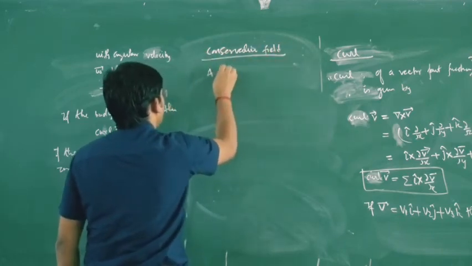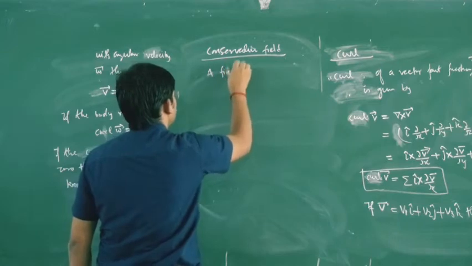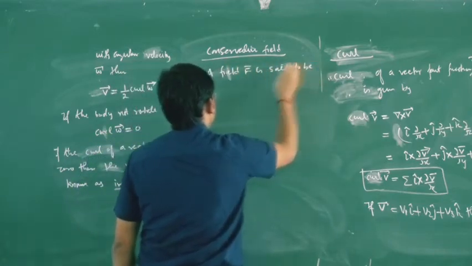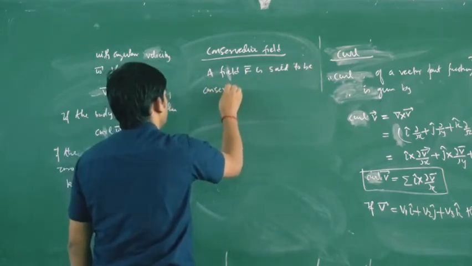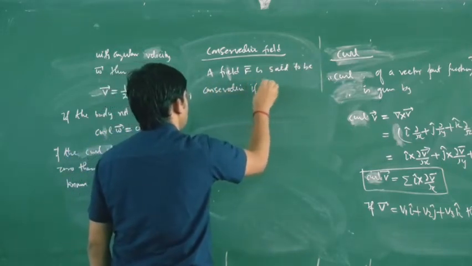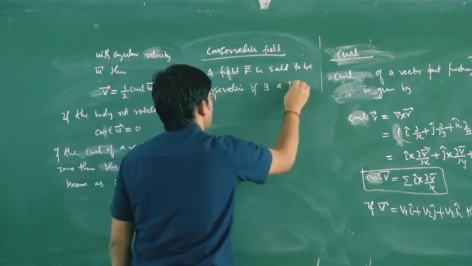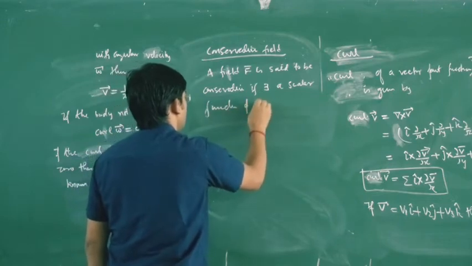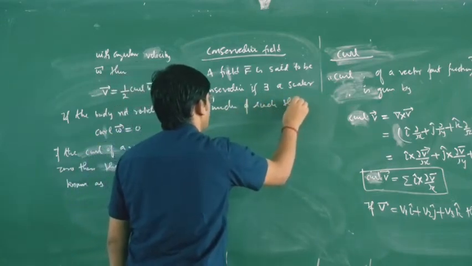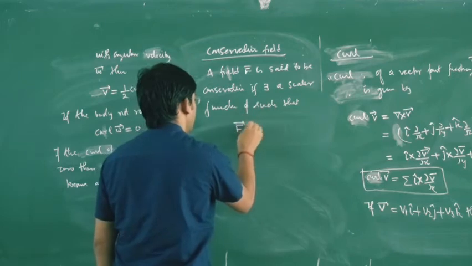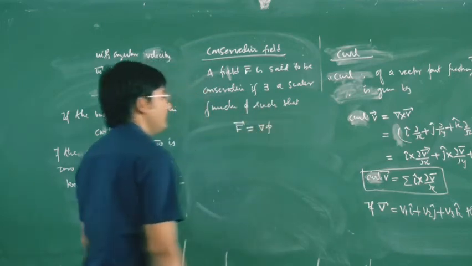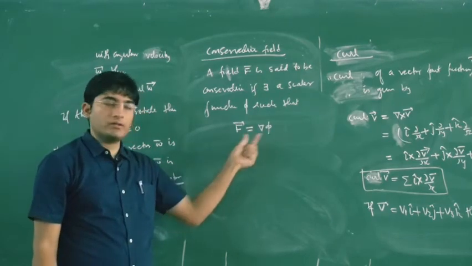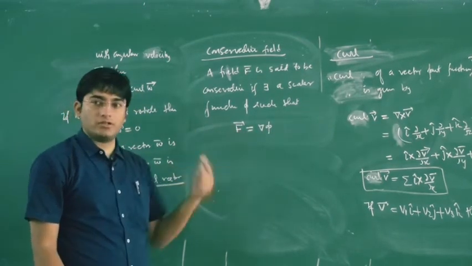A field F is said to be conservative if there exists a scalar function phi such that F equal to grad of phi. So if there exists a scalar function phi such that F equal to grad phi, then we will say that this vector field F is conservative.